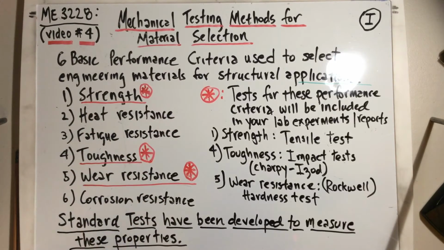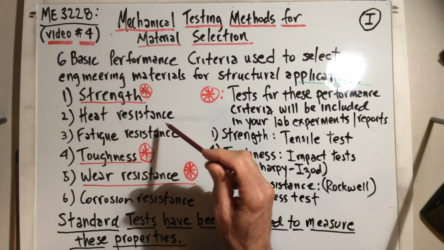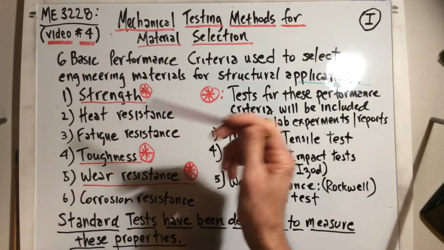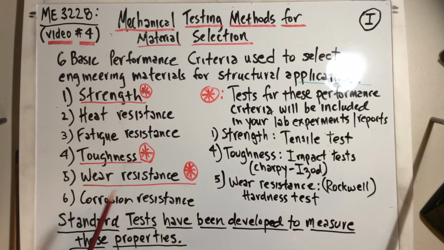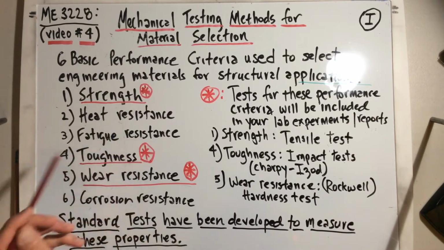As this says down here, for all of these criteria, standard tests have been developed to measure these properties. So there are some for heat resistance, there are some for fatigue, there are obviously some for corrosion that we're not going to go into particular specifics on. But again, fatigue resistance, we all know that fatigue is one of, if not the most important factor involving mechanical failures.